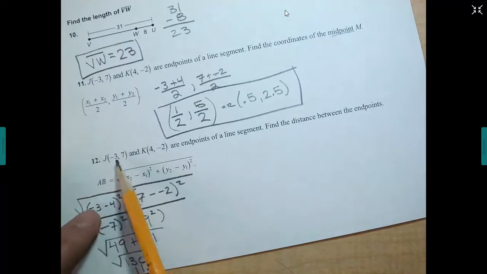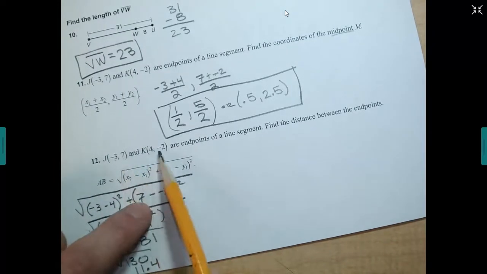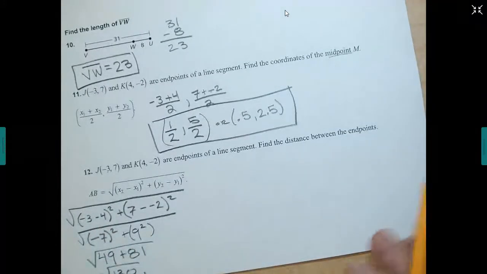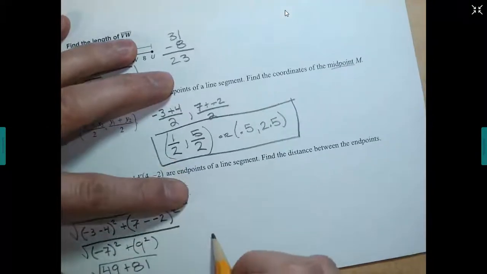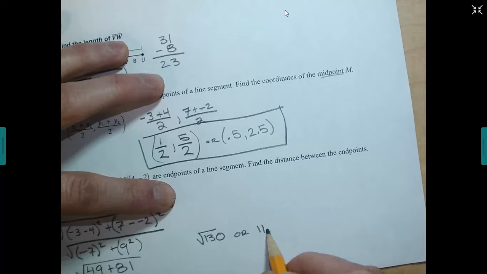Let's just double check. I've got my negative 3 minus 4. I've got my 7 plus 2. Okay, there it is. So it could either be square root of 130 or 11.4.